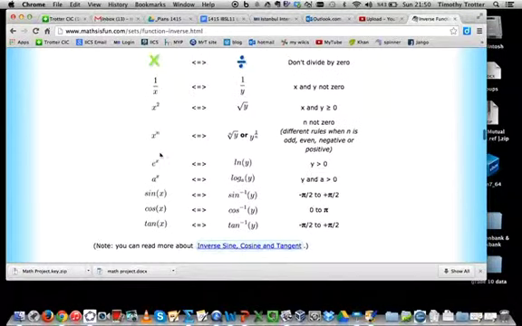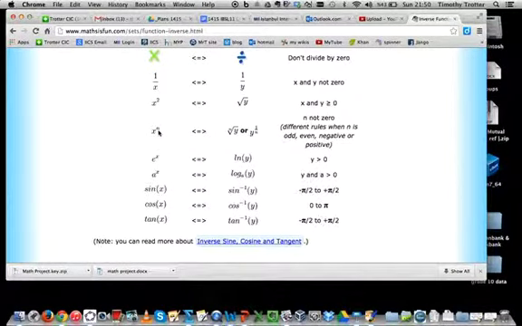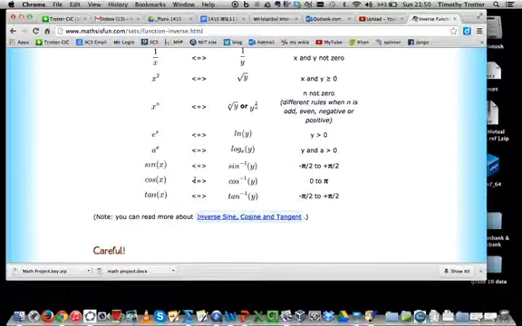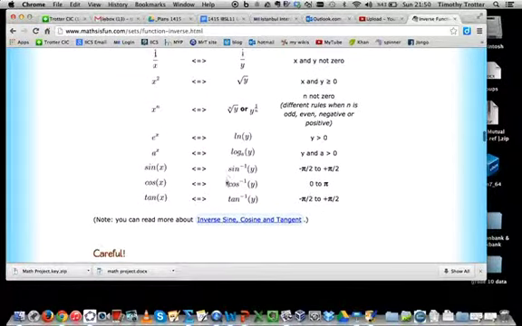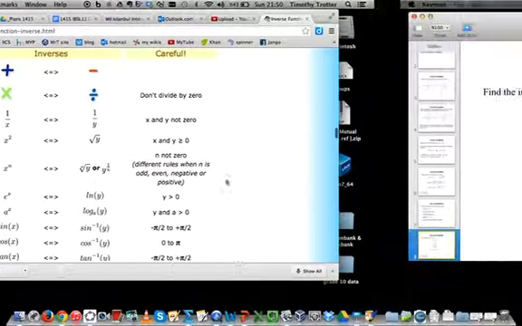A cube and a cube root, or an nth power and the nth root are inverses. We'll take a look soon at exponents and logarithms. They're inverses, sine and inverse sine. We'll get to those later on as well. So these are all examples of inverses.